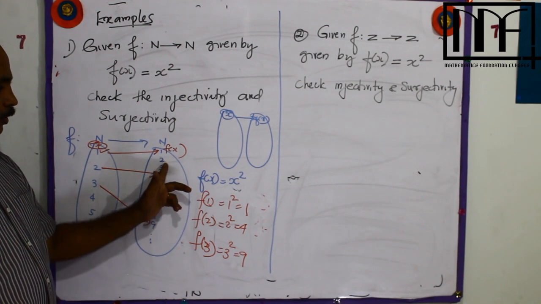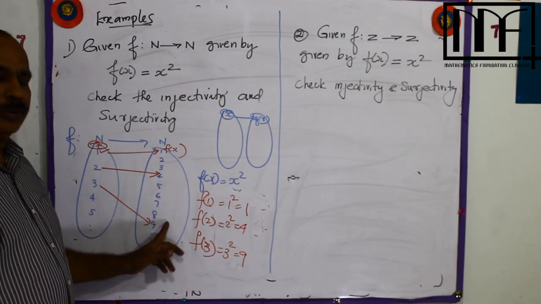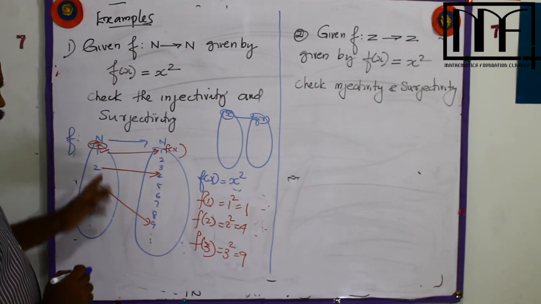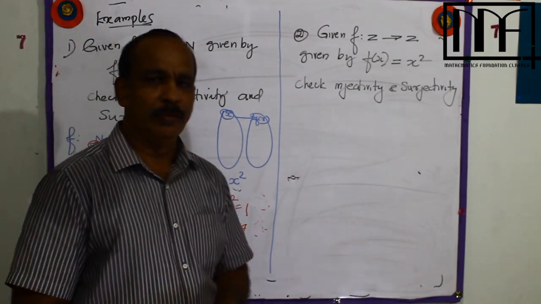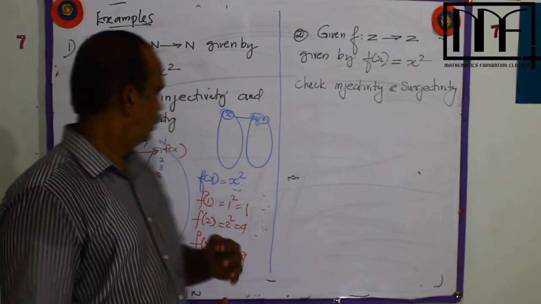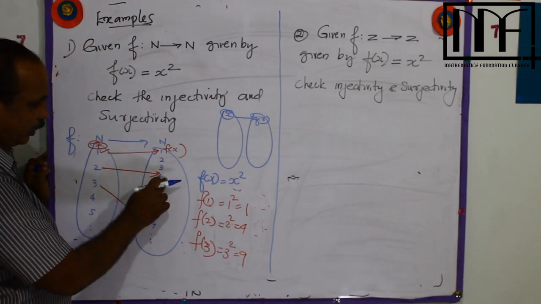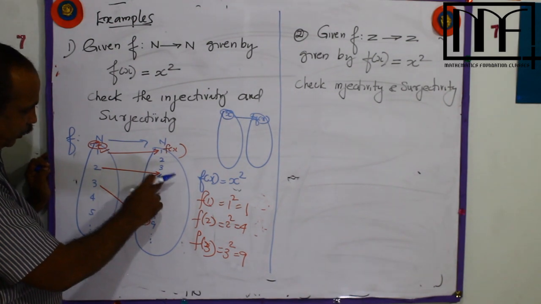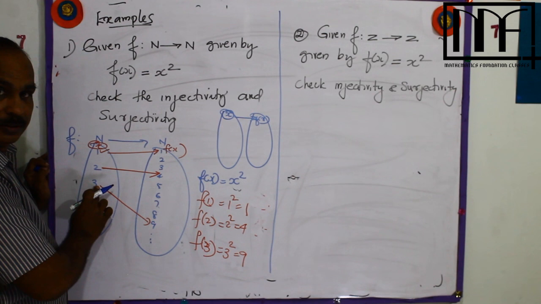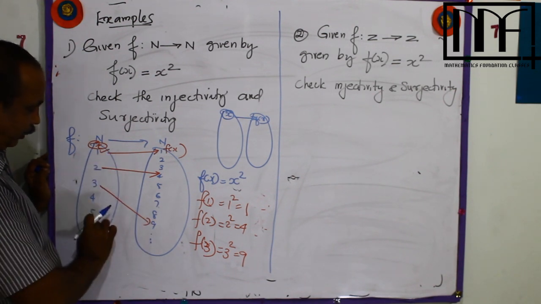Do you think it is onto function? Definitely it is one-one function because each element in the domain has its own image. 1 has its image 1, 2 has its image 4, 4 cannot be the image of some other element of X, and 9 is the image of only 3. 9 is not the image of any other element of N in the domain set.